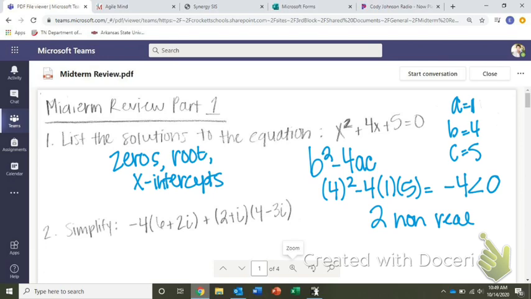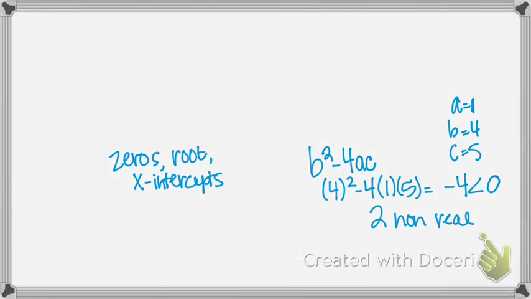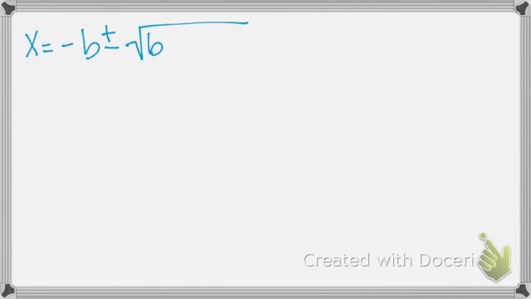So here is where you have to know this quadratic formula. I think it's used 4 times on the midterm, maybe. x equals negative b plus or minus the square root of b squared minus 4ac, all over 2a.